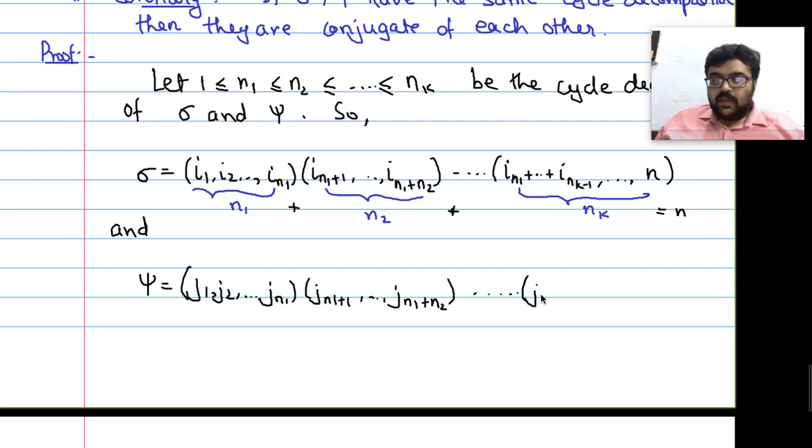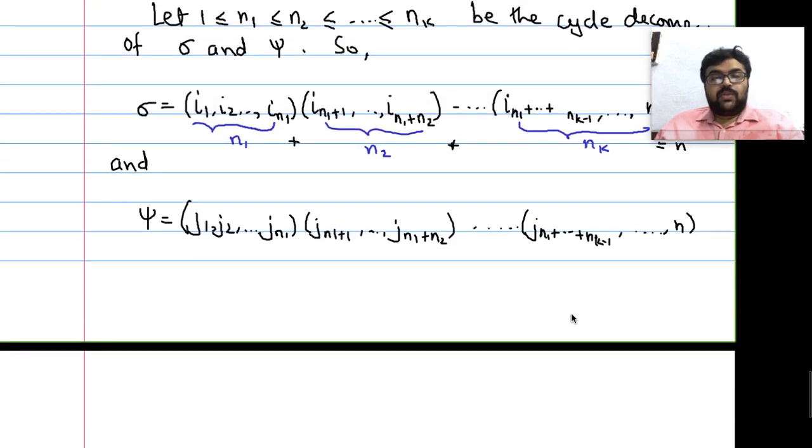Finally, up to jn1 plus ... plus nk minus 1 to n.